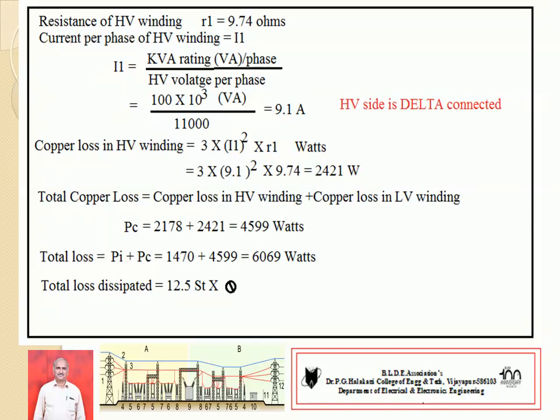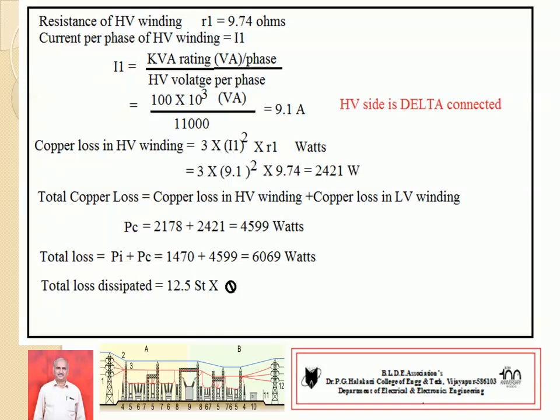Now 1100 volt is the HV side voltage, because HV side is delta connected, so 9.1 ampere. Then copper loss of HV winding is 3 times I1 square into R1. Calculate the copper loss, 2421 watts.